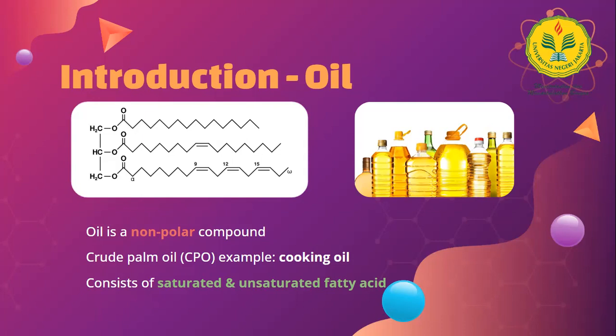Cooking oil consists of saturated and unsaturated fatty acids. If we consume in excess a food that is cooked with cooking oil that consists of a high saturated fatty acid, it can increase the risk of various dangerous diseases such as heart diseases and stroke.